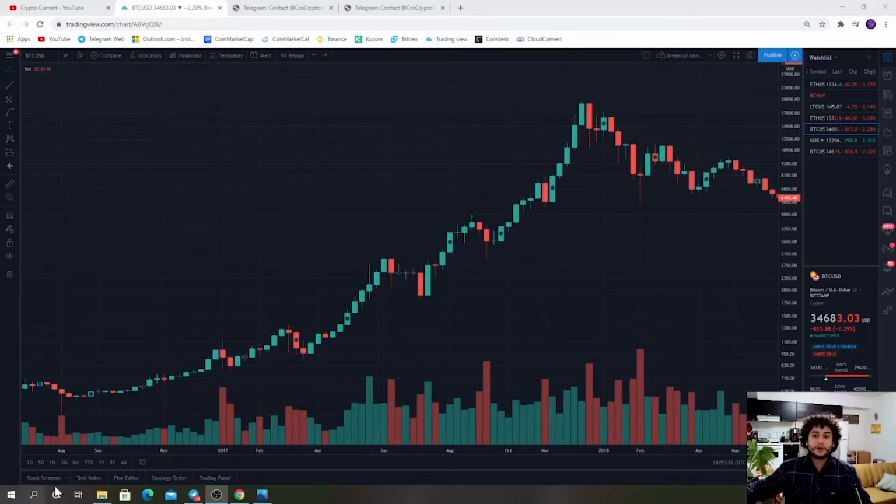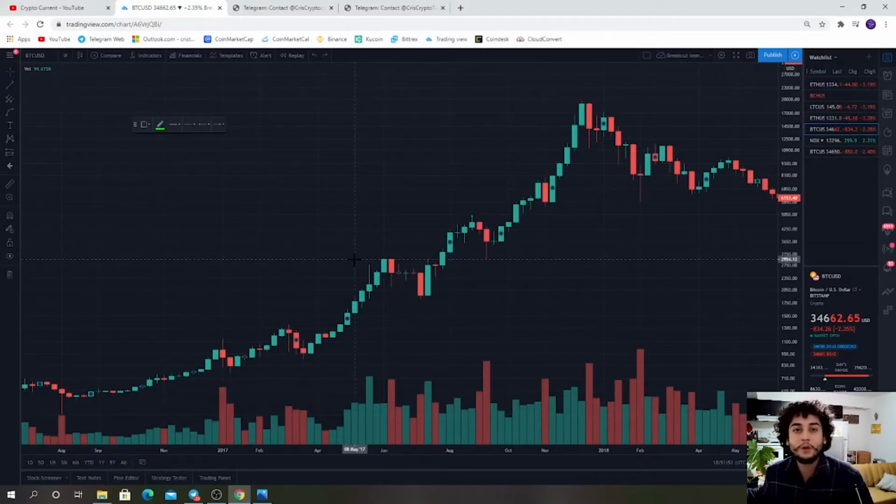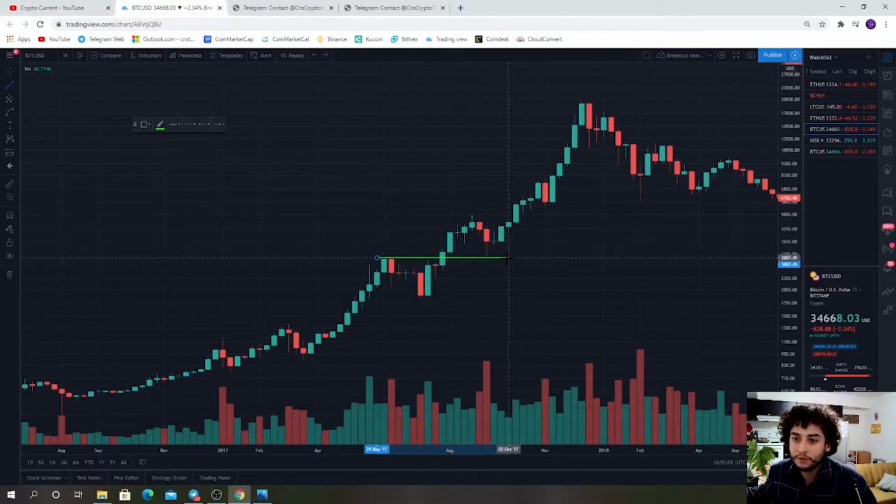Here I'm going to be going over how supports and resistances kind of play out during market cycles. Right now I'm looking at the 2017 bull run because here's a really good example of supports and resistances, not only how they act, but also how they change with time. So in this bullish impulse here, we saw that Bitcoin came up to around $3,000. $3,000 was a pretty big resistance area, and it held us down for several months.